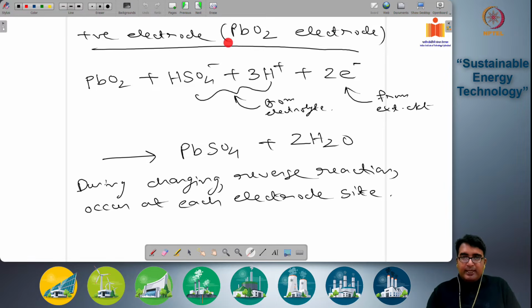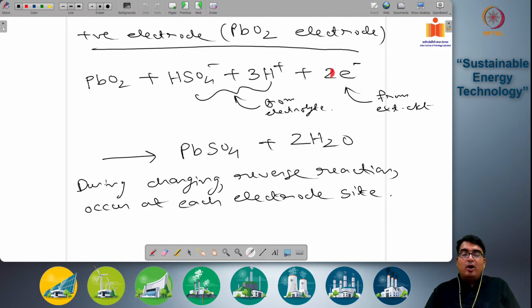In the positive electrode, the lead oxide electrode reacts with the H+ ions that are traveling from the negative electrode side towards the positive electrode side, and are combining with the electrons coming from the external circuit and the HSO4- ions that are also present in the solution.